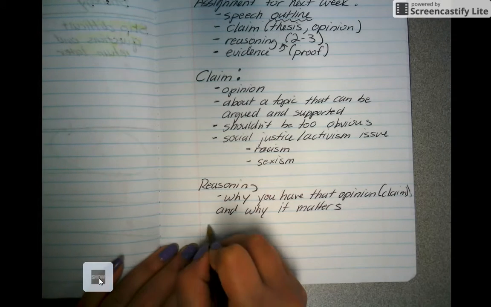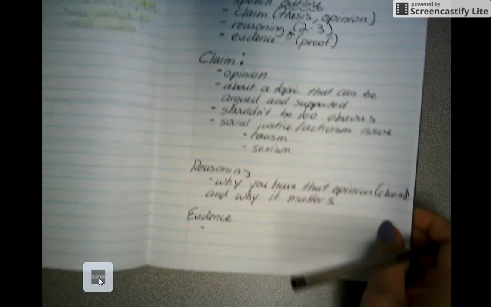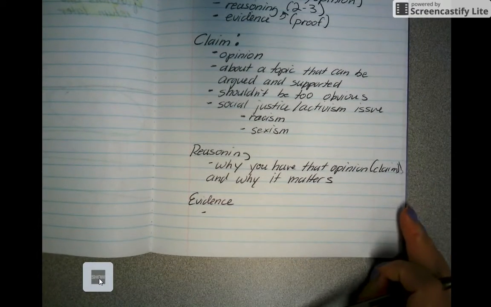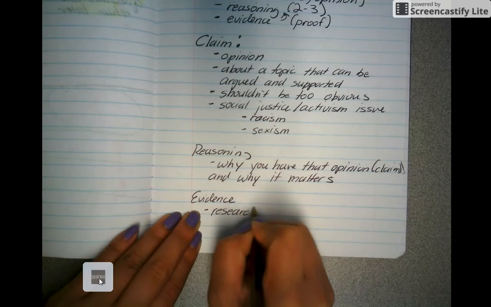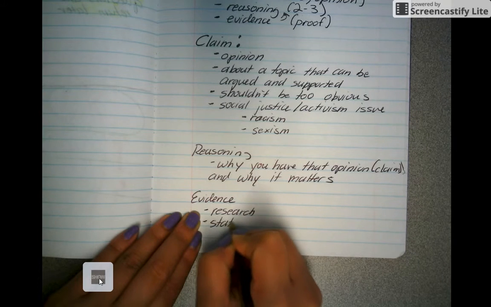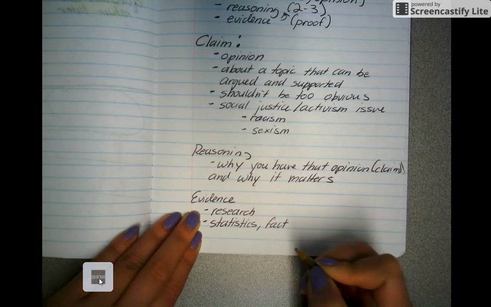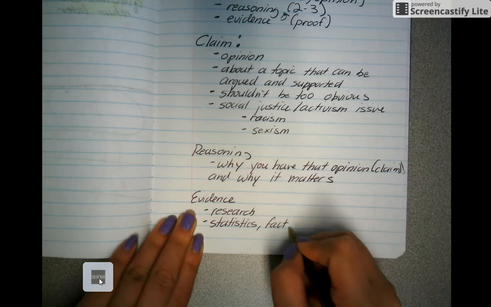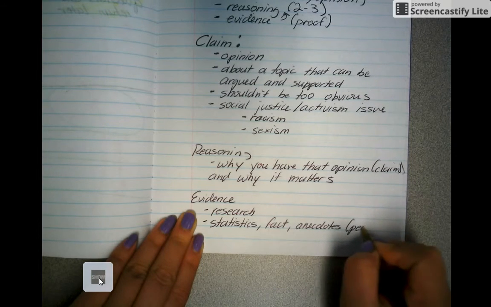And then for those reasonings, you need to have evidence. And evidence are things that you will need to research. Things like statistics and facts, anecdotes, which are personal stories.